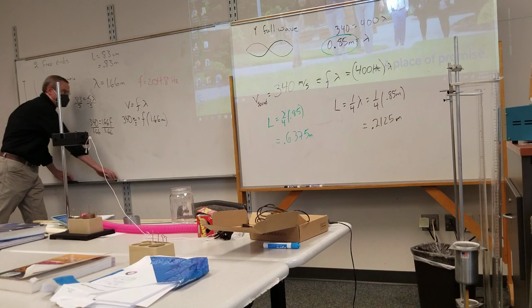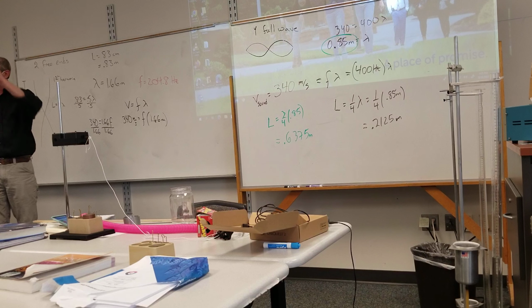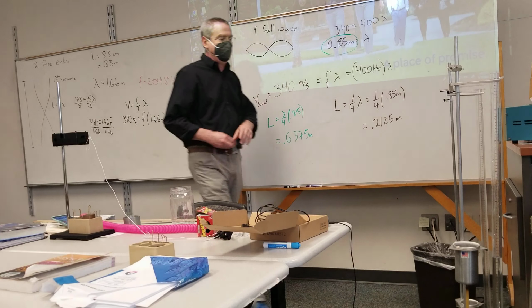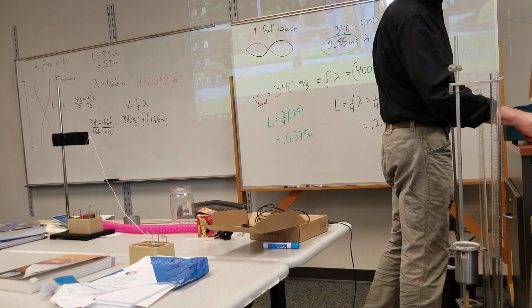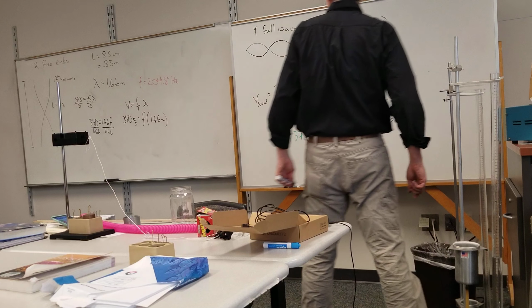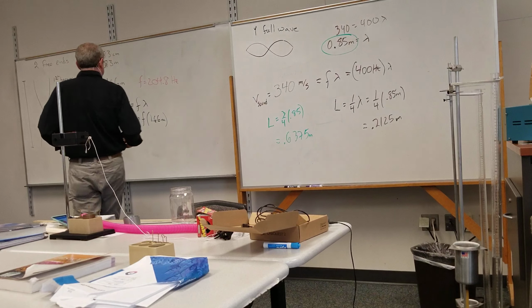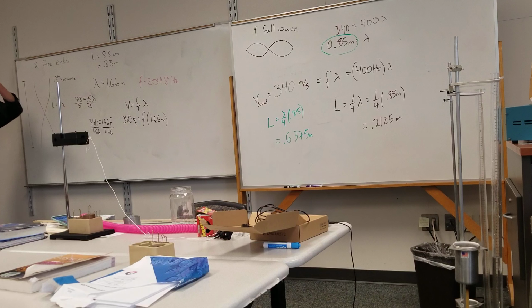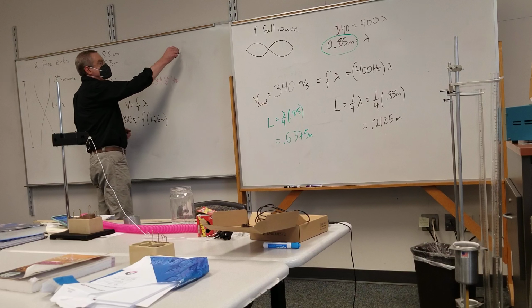So, in your mind, picture what the second harmonic is going to look like. So the next harmonic, again, just like before, we add a half wave every time. We need to make sure we have an antinode at the end.